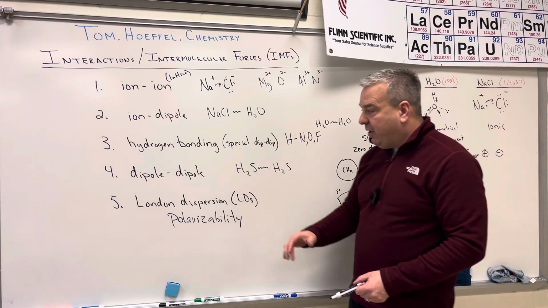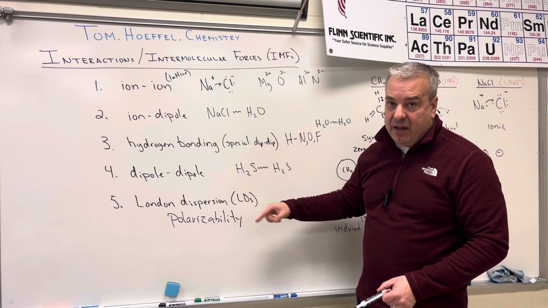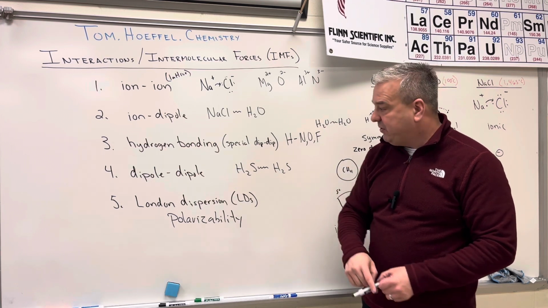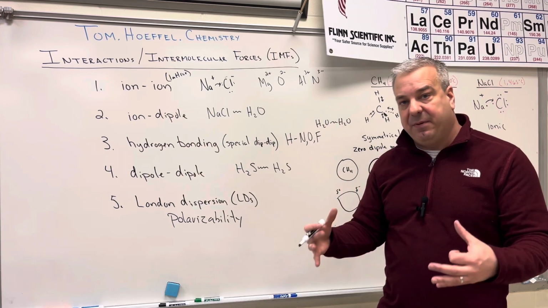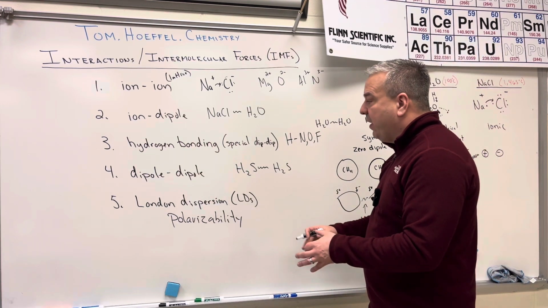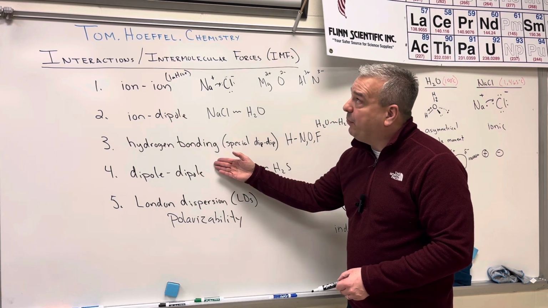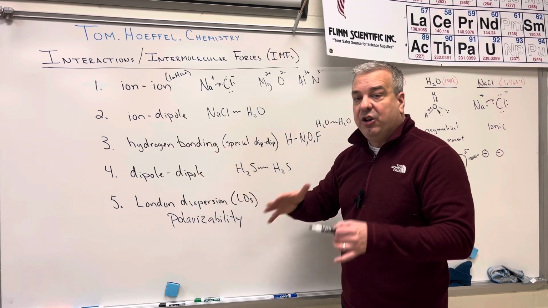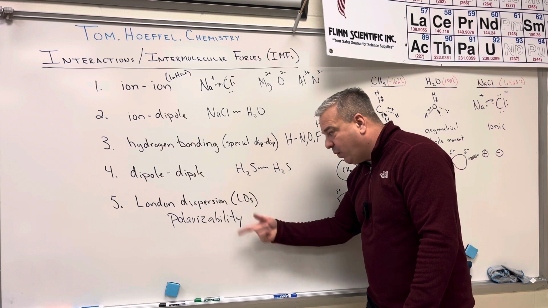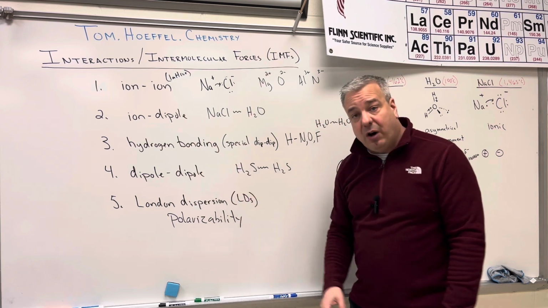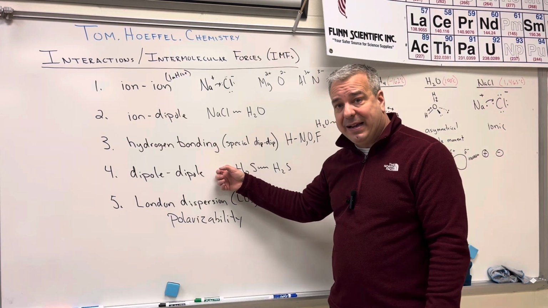Now, these are the different types of intermolecular forces that you have. There's two rules that you're going to have though. It's going to be molar mass versus the type of intermolecular force. If you want to think of London dispersion forces as $1 bills and dipole-dipole forces as $5 bills, you could increase the molar mass enough to where you get several of these $1 bills that it might trump the forces of a dipole-dipole if there's a low molar mass here.